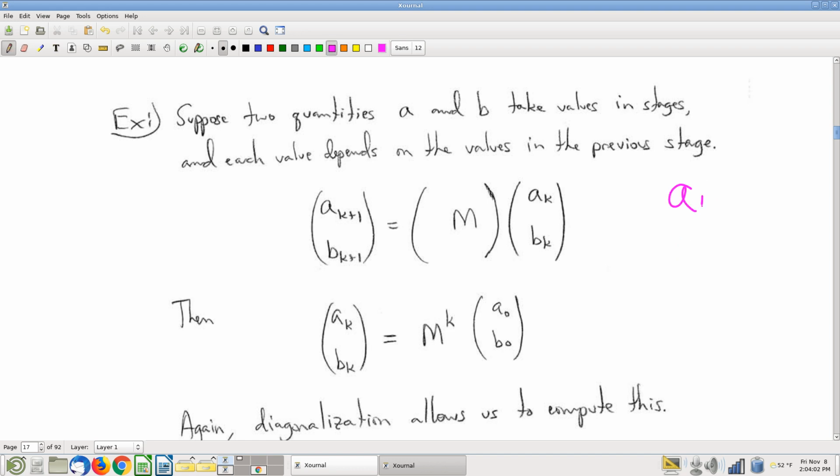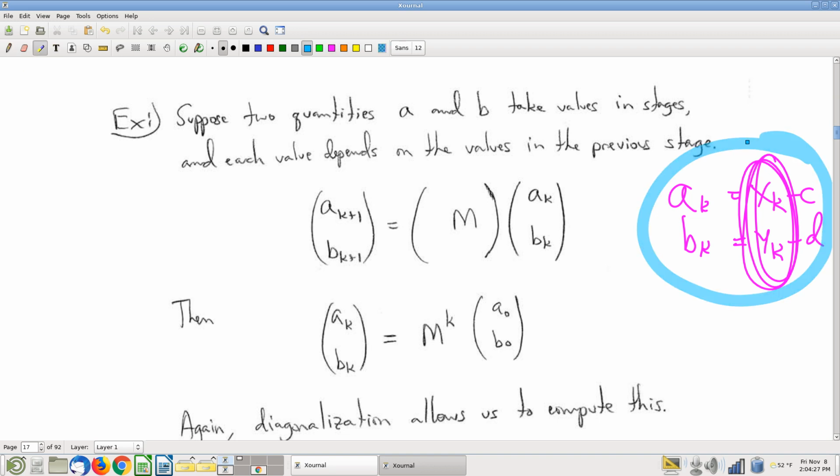This AK that you're looking at, this BK, might be the XK that you're actually interested in minus some fixed constant. Maybe this BK here might be your YK that you're actually keeping track of, minus a different constant. So you might need to take the things that you're interested in and finesse them a little bit to turn them into other variables that play nicer.